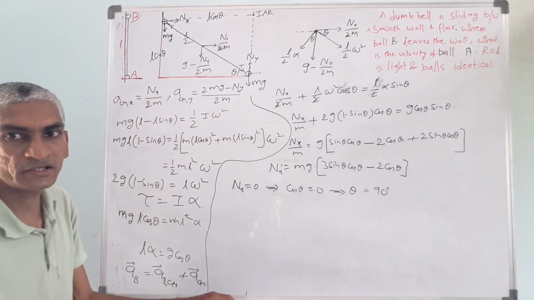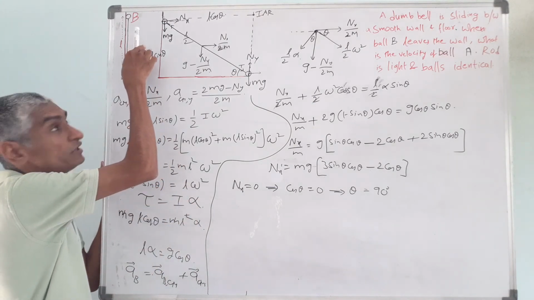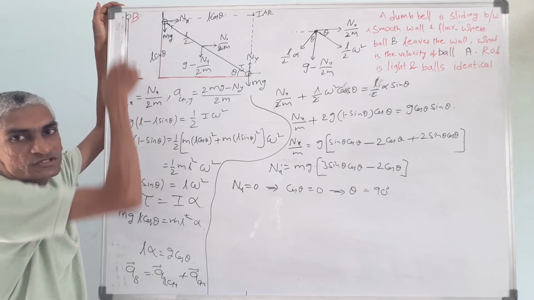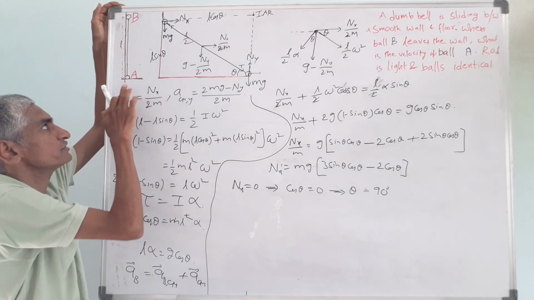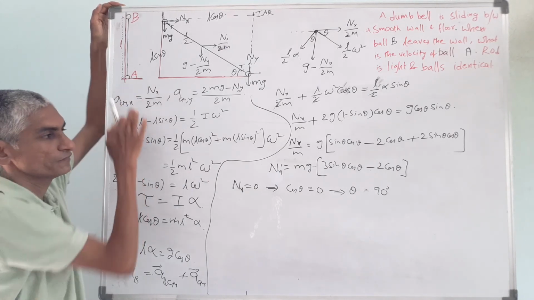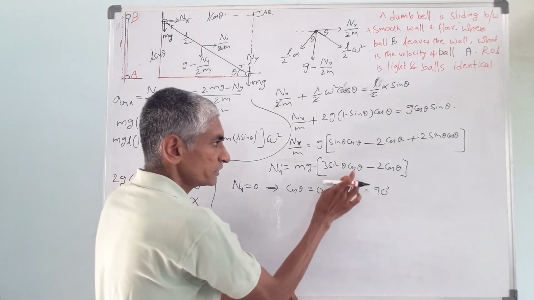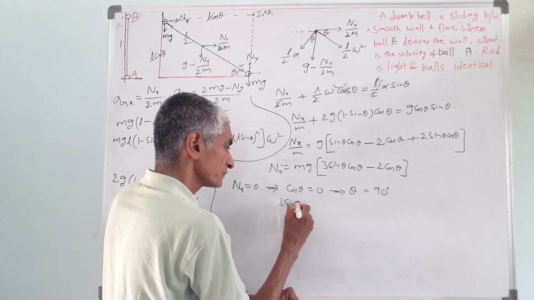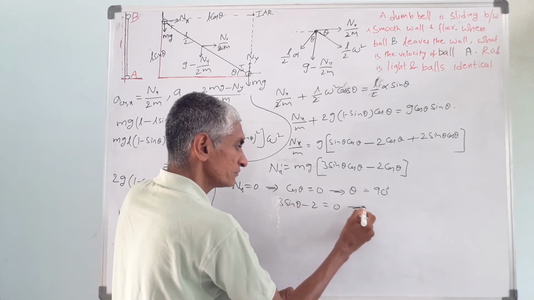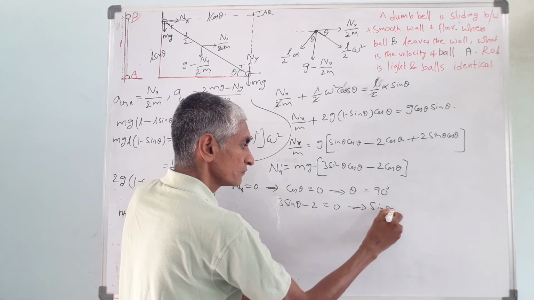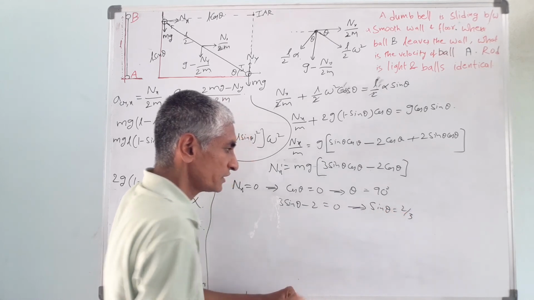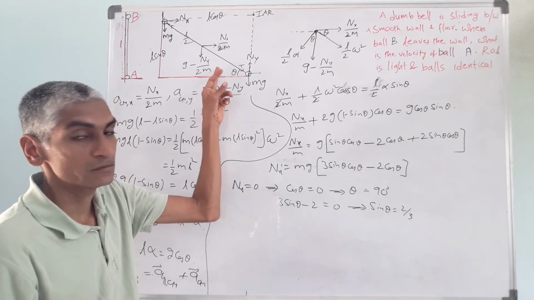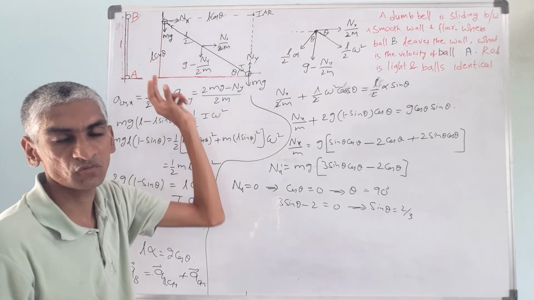At theta equal to 90 degrees, that is the moment it is released, the normal force from the wall is 0. It is vertical, you see. The entire weight is balanced by the normal force from the ground, that's all. Now another solution, after taking cos theta out, 3 sin theta minus 2 equal 0. This implies sin theta equal to 2 by 3 is the angle where the ball leaves the wall.